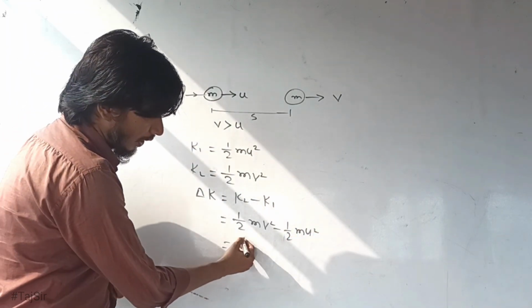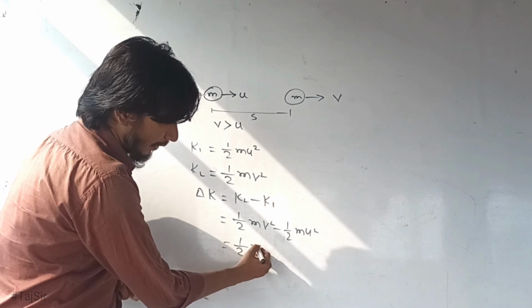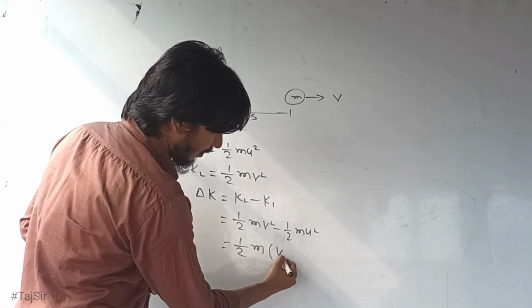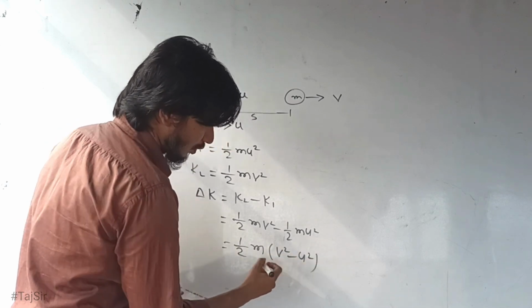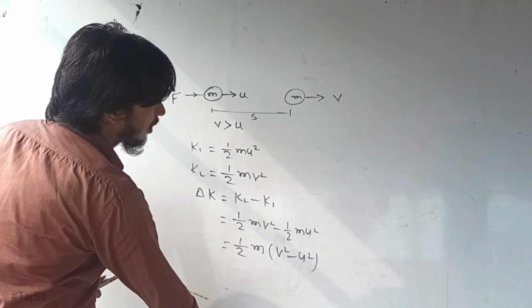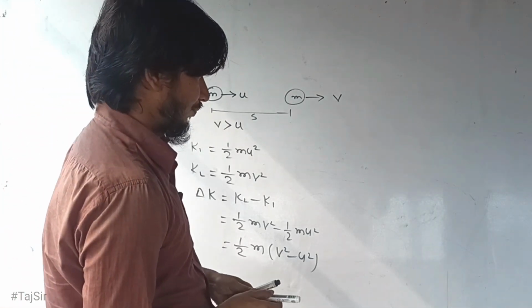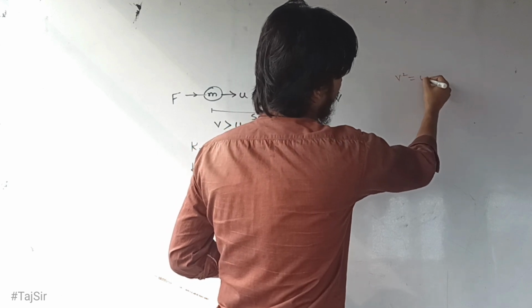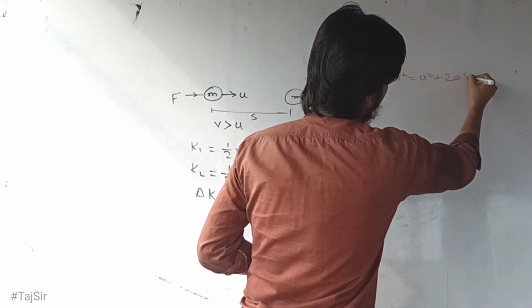We know half and m are common, so we can factor them out, and we are left with v square minus u square. Now we have another thing. We know v square equals u square plus 2as.